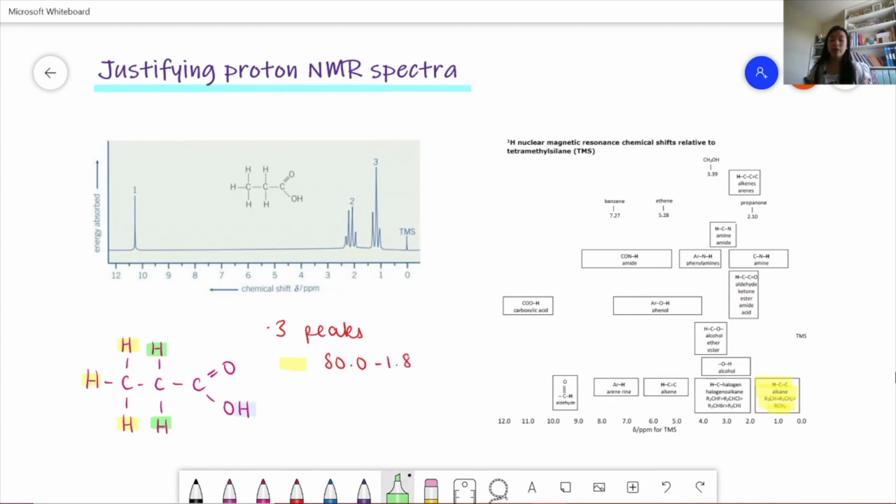And so now we move on to the green hydrogens, and these green hydrogens are attached to a methyl group and then a carboxylic acid group. And if we look at our data booklet, we see that this box here is the one which matches our environment the most because we have a hydrogen which is attached to a carbon, and this carbon is then attached to a C double bond O. And so its chemical shift value will be probably between 1.8 to about 3.